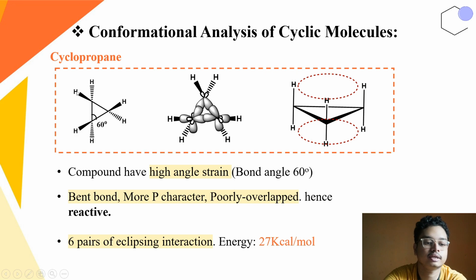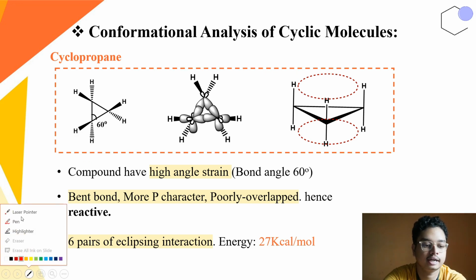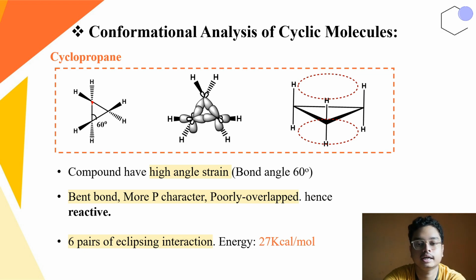Here you can see the cyclopropane system where all the carbons are sp3 in nature, and as you know the bond angle between sp3 carbons is 109.28 degrees, but due to the ring formation, the bond angle is squeezed to 60 degrees.